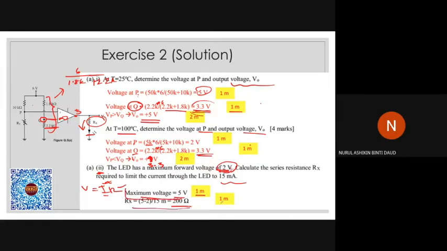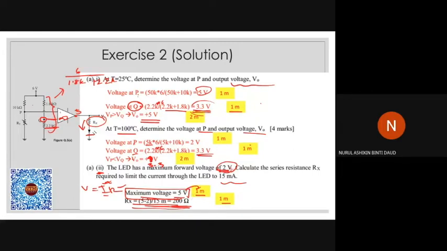When you write this one, you will get 1 mark too. So for these questions, if you didn't write this information, you will lose 1 mark. If you straight away write this equation, you will lose 1 mark. So that's why when you answer, just write any information that's given to you in the solution.